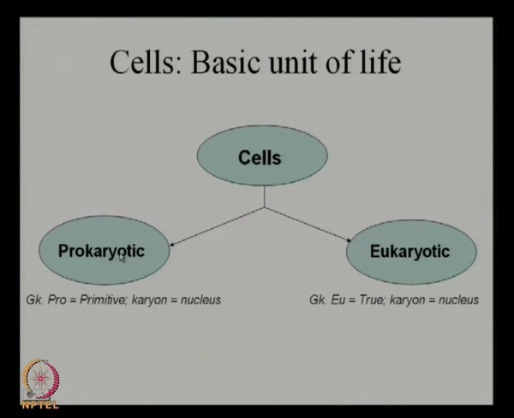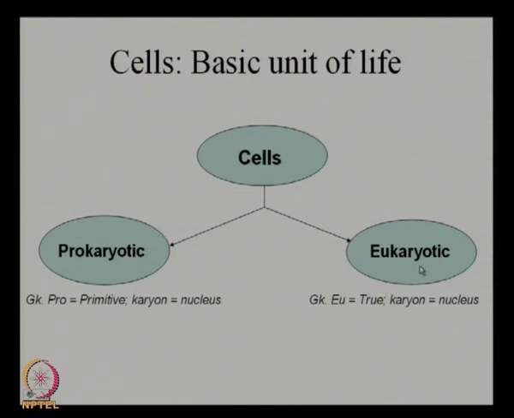Prokaryotic cell, what does it mean? Pro means primitive, karyon means nucleus. That means obviously this group of microorganisms is very primitive in nature, and bacteria is one such example.